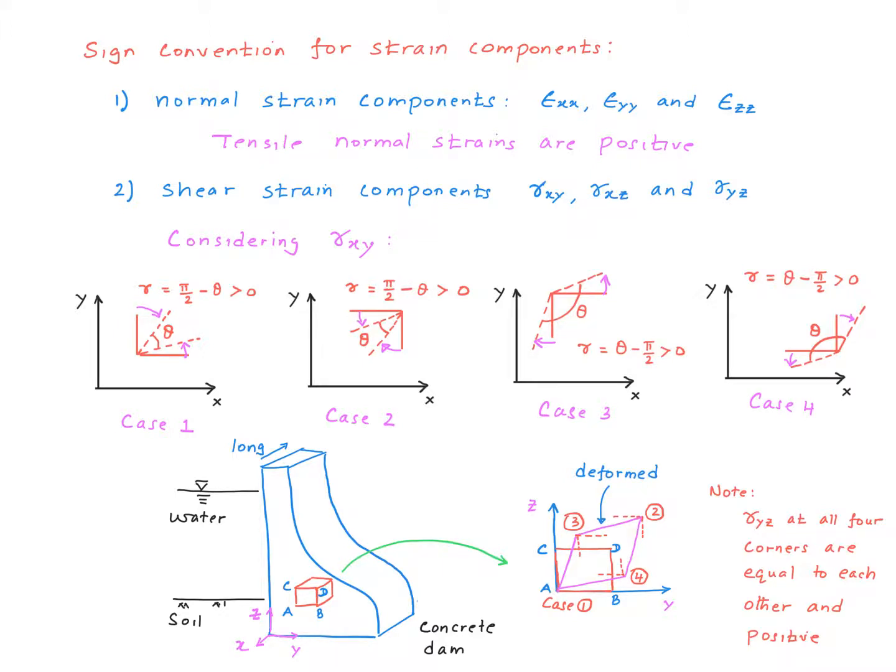And similarly, point D is like case 2, point C is like case 3, and point B is like case 4. Let's say this is a parallelogram. That means this rectangle deforms into a parallelogram, which means these lines are parallel to each other and these lines are parallel to each other.